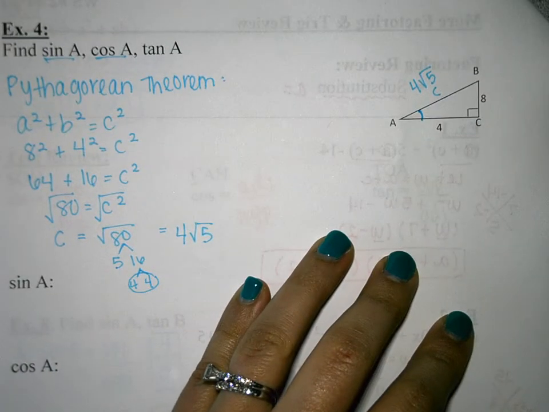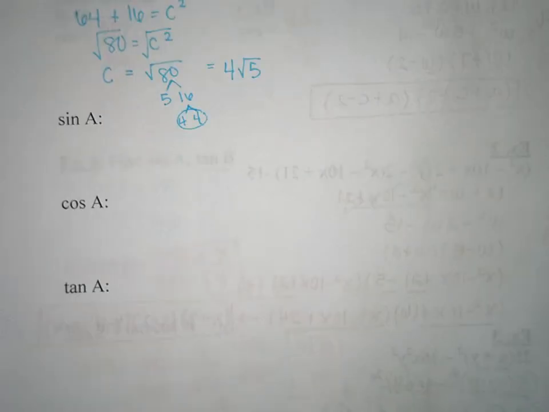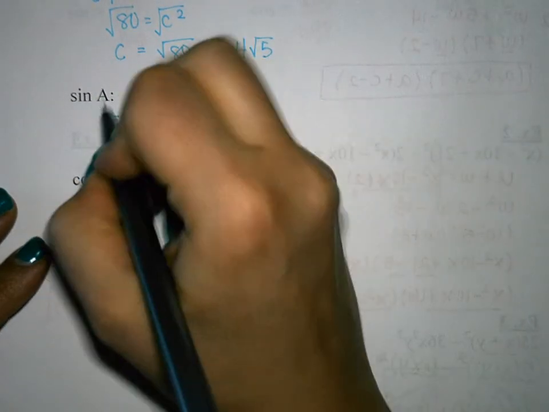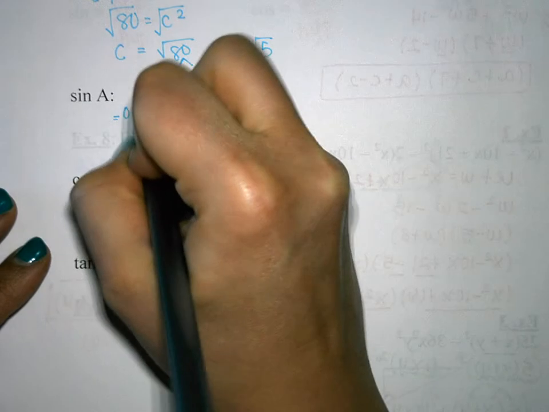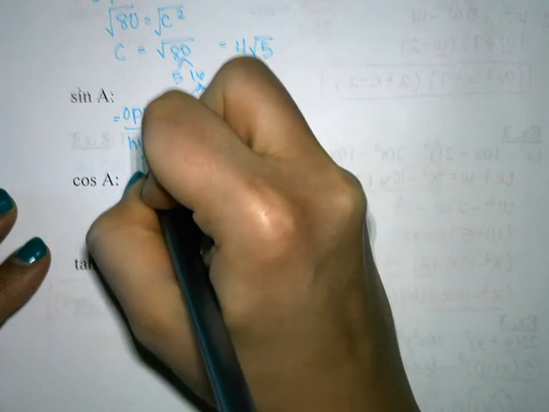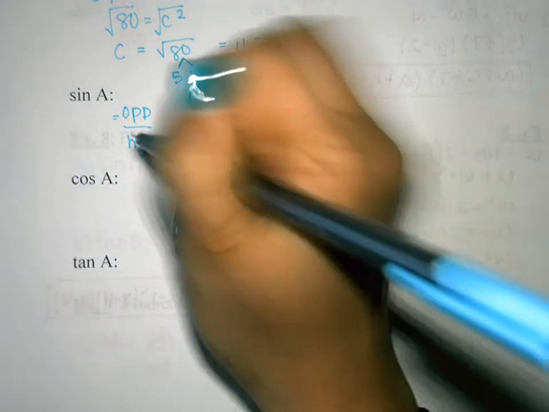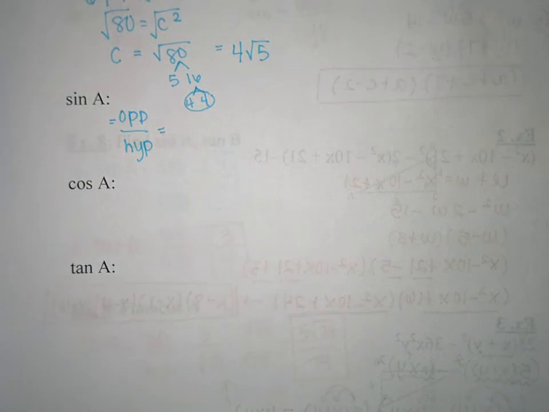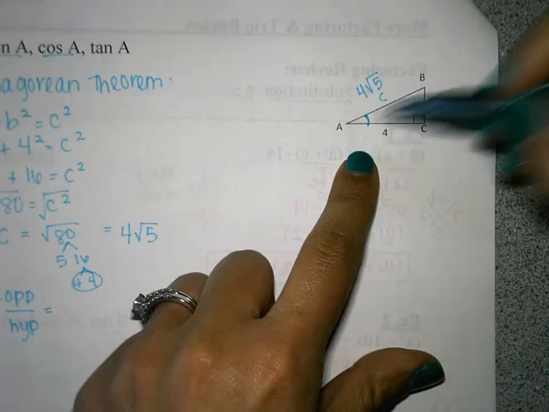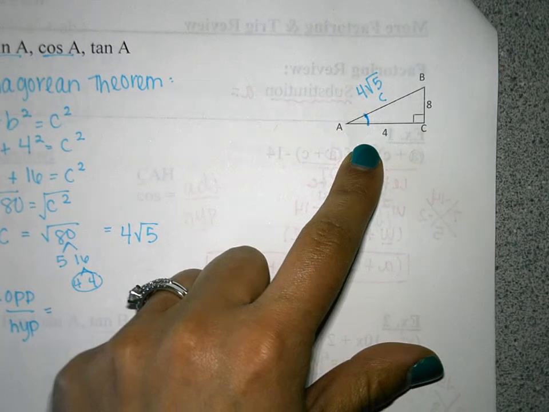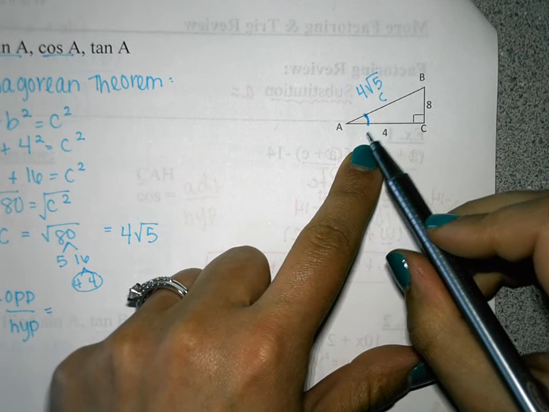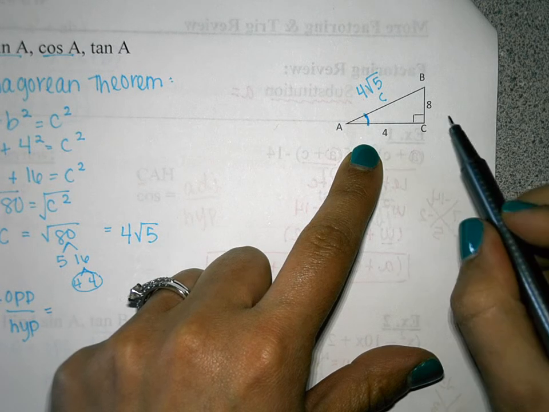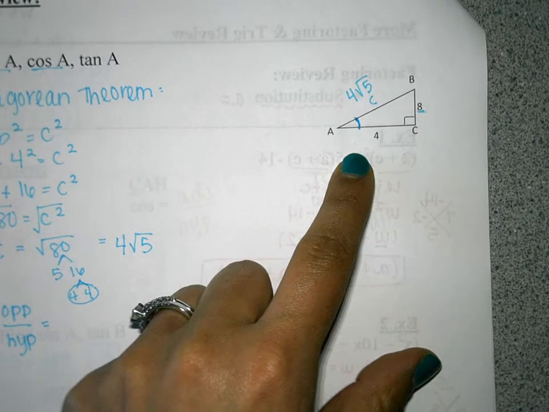So we're looking at angle A is what we're looking for. So the sine is equal to opposite over hypotenuse. Using SOHCAHTOA, of angle A, the leg that is opposite of angle A is 8. So we're going to plug in 8.